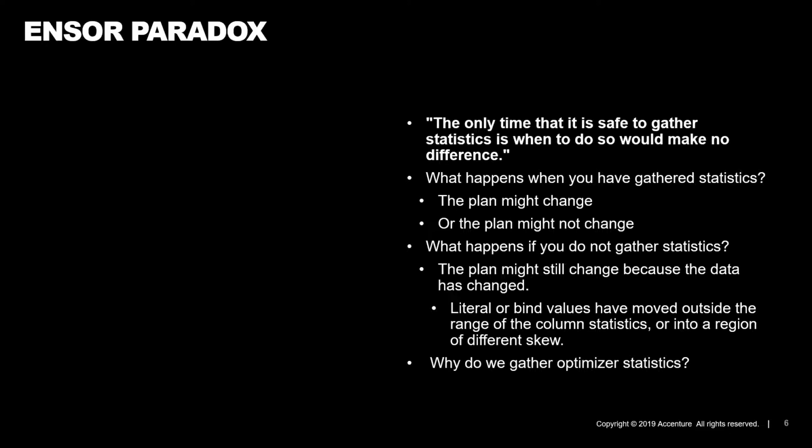So it begs the question, why do we gather optimizer statistics? I think what Dave was getting at is that we do this so that the execution plans remain the same. Maintaining good, up-to-date statistics is a fundamental part of application stability.